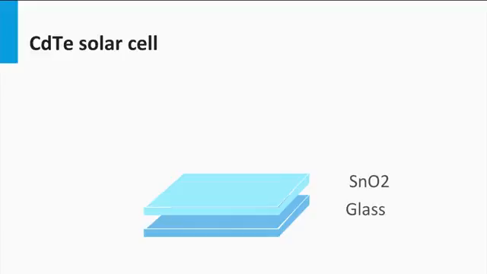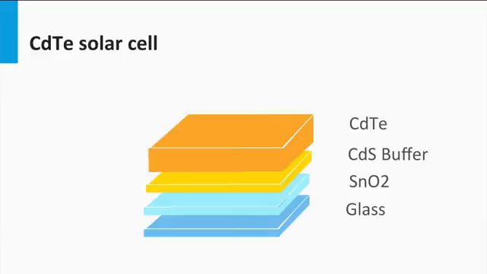This can be tin oxide or cadmium stannate, which is a cadmium tin oxide alloy. On top of that, the N layer is deposited, which is a cadmium sulfide layer, similar to the N buffer layer in CIGS solar cells. On top of that, a P-type cadmium telluride absorber layer is deposited with typical thicknesses of a few microns.